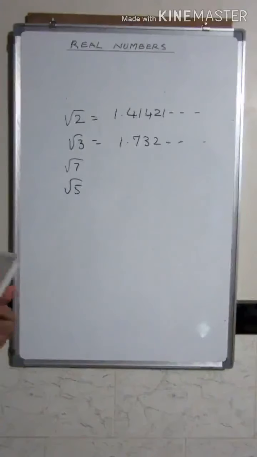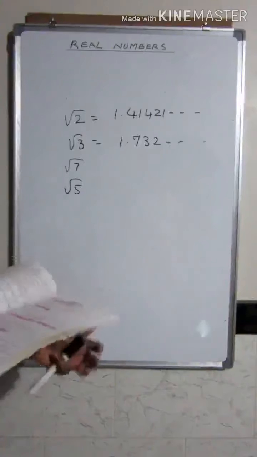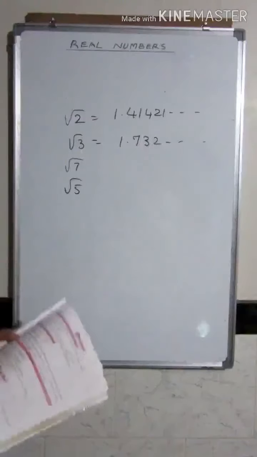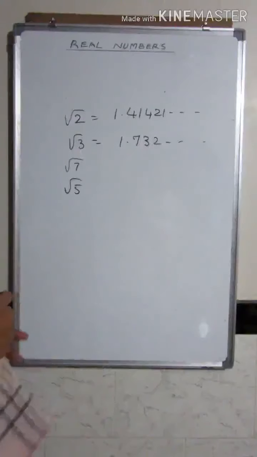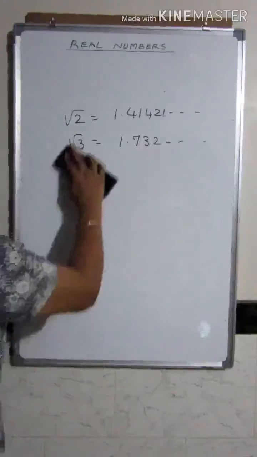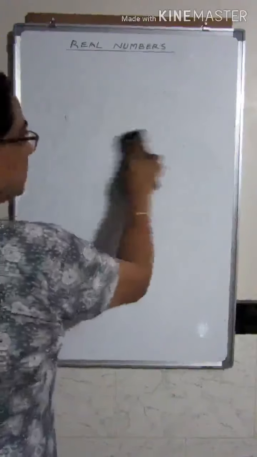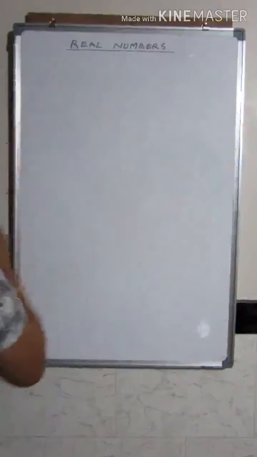Now in the next exercise, you have problems where you have to show that the given number is an irrational number. To show this, you have to consider it as a rational number and disprove your statement.